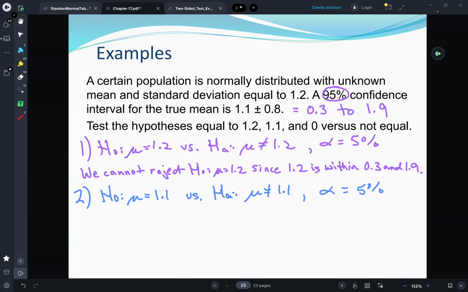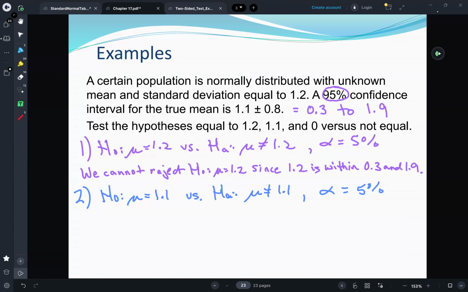Instead of 1.2, it's 1.1. It is within, so we cannot reject.